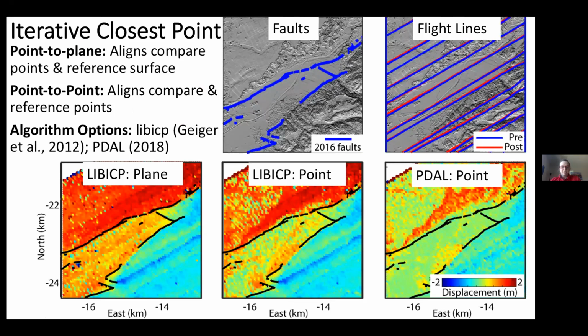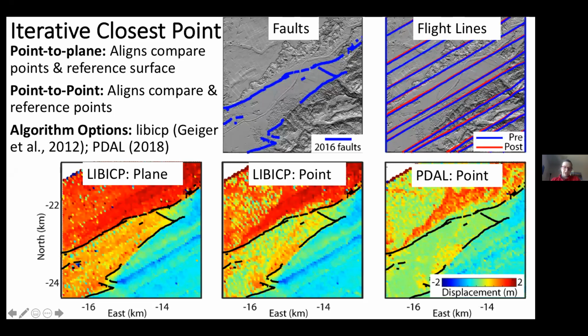So we went in with the assumption, looking at the Kumamoto earthquake, that we wanted to see differences or sharp changes in displacement along the faults, but not along flight lines or along changes in landscape type, for example, from the agricultural fields to the more forested and urbanized landscapes.